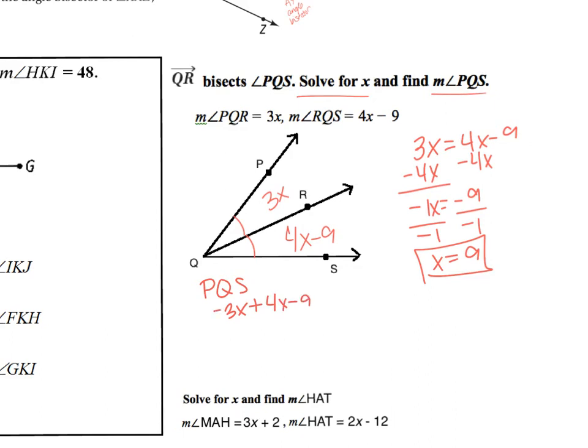Plug in 9 for your X, so I have 3 times 9 plus 4 times 9 minus 9. That would be 54, I believe. So angle PQS equals 54 degrees, and that seems like a realistic number.